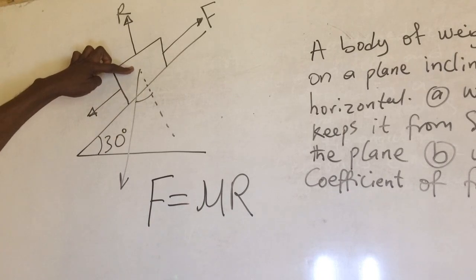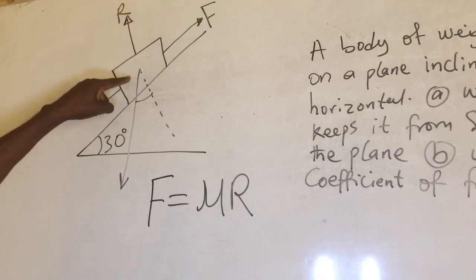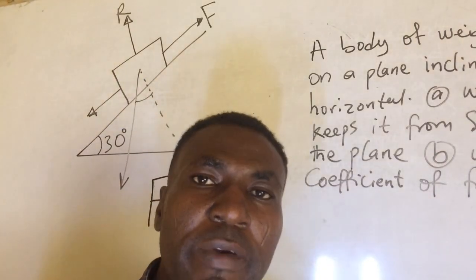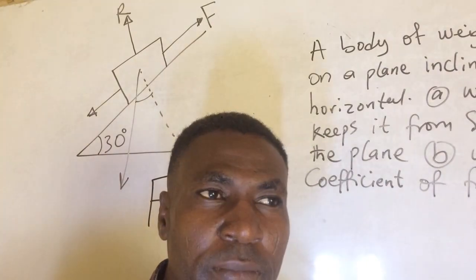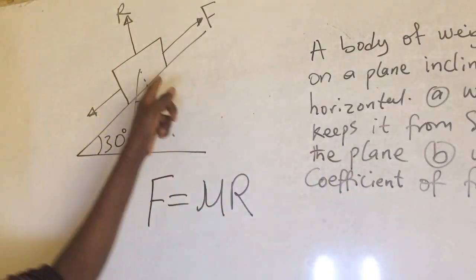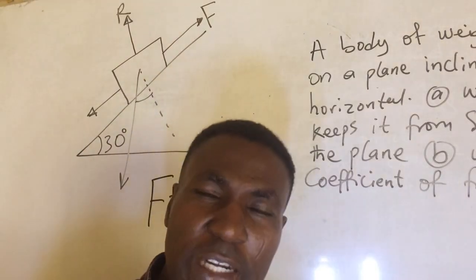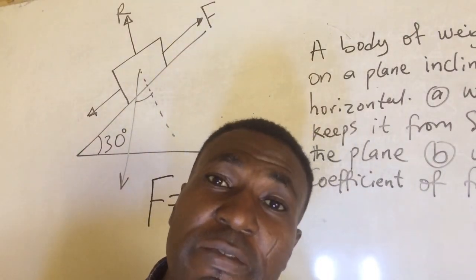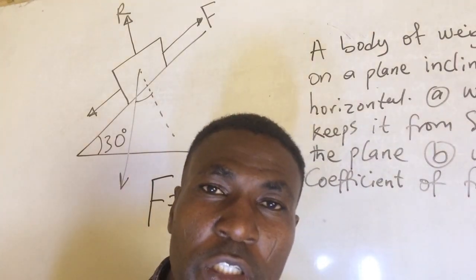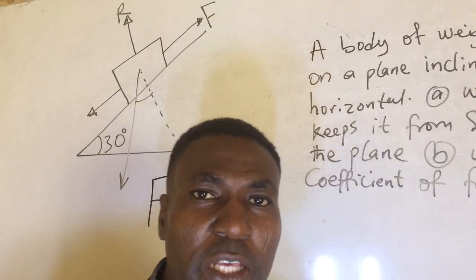If there is no friction, this body tries to come down as a result of gravity. If the place is slippery, this body will start sliding down, because gravity will try to push it down. But if there is enough friction, the friction will oppose this gravitational motion, thereby holding it.